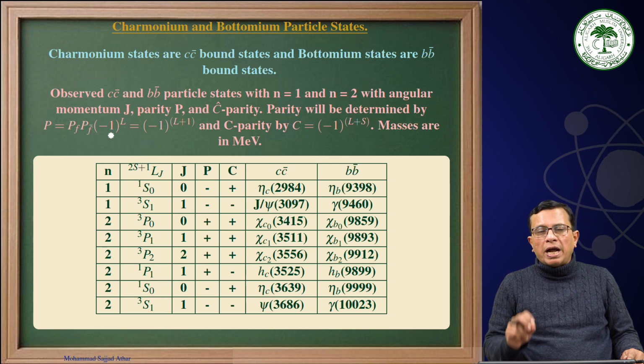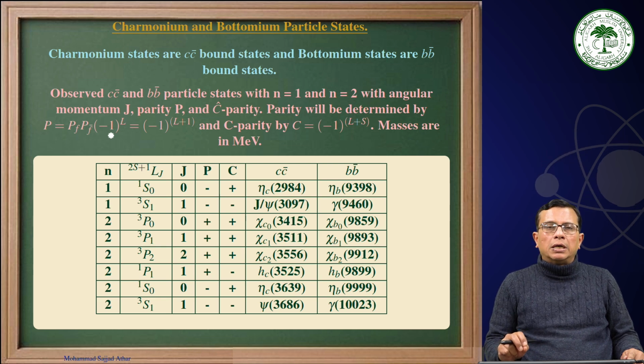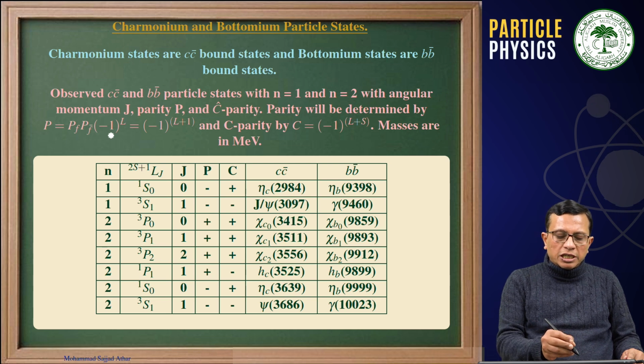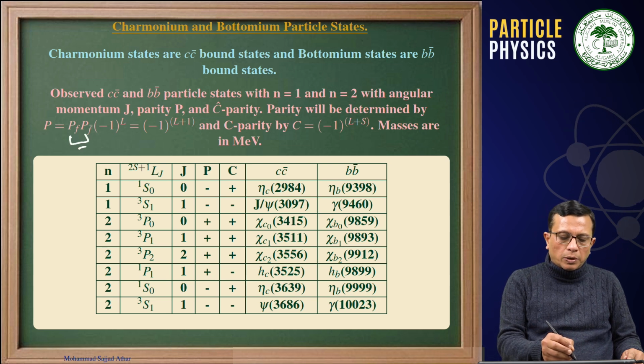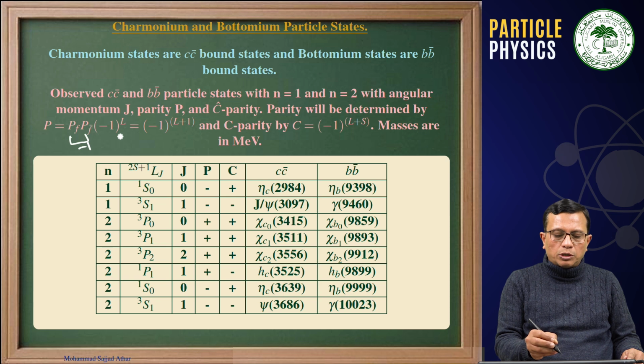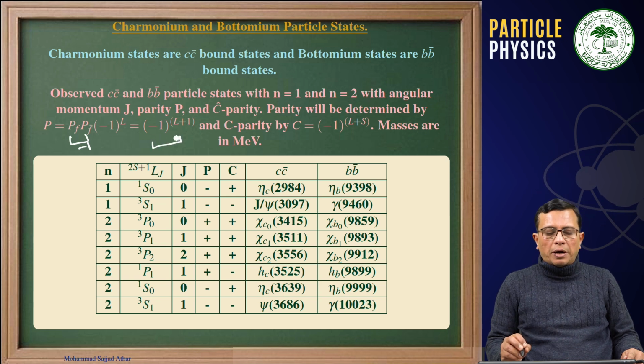Since by hand we assign even parity to the fermion and odd parity to the anti-fermion, this product is minus 1, and then we have minus 1 to the power L. Therefore overall we have minus 1 to the power L plus 1. And for C parity we saw that it is given by minus 1 to the power L plus S.